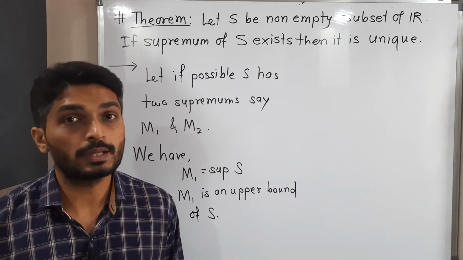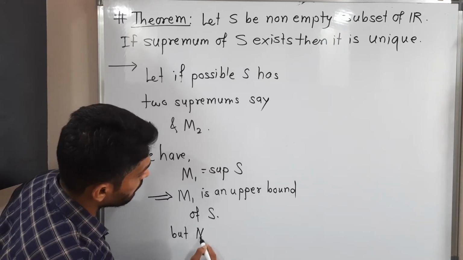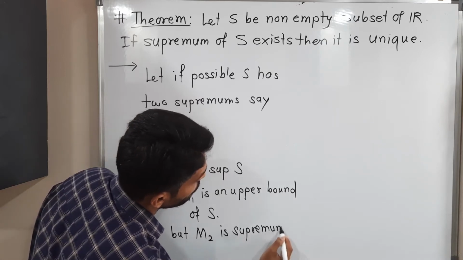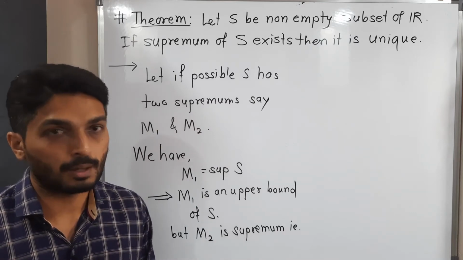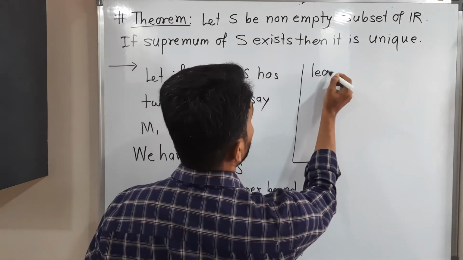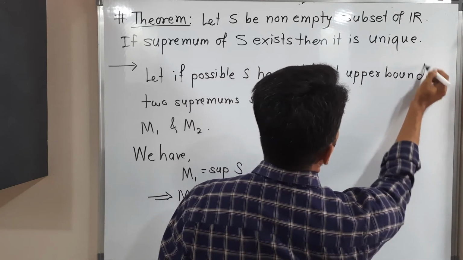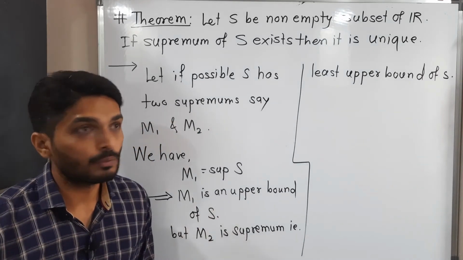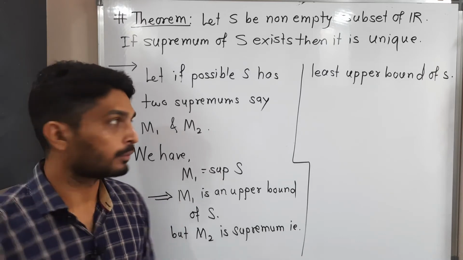As well, we have M2 is also a supremum of S. It has one more name, supremum, that is, least upper bound of S. See what we have now: M1 is an upper bound and M2 is the least, the smallest upper bound.